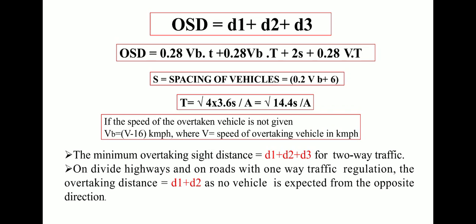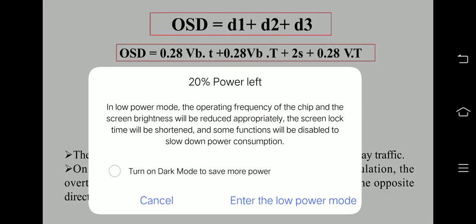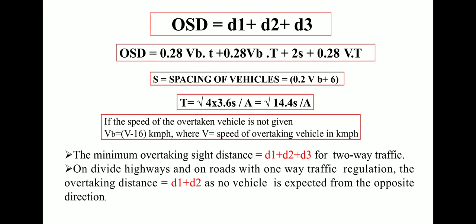Therefore, if we completely solve it, we will get the formula T is equal to the square root of 4 into 3.6 s upon a, which is again equal to 14.4 s upon a. If the speed of the overtaken vehicle is not given, then VB is equal to V minus 16 kmph should be considered, where V is the speed of the overtaking vehicle in kmph.